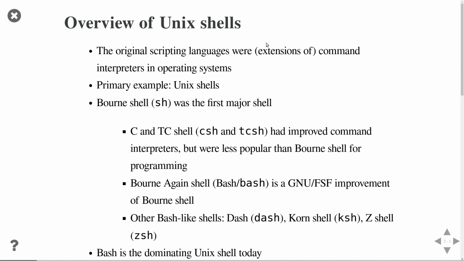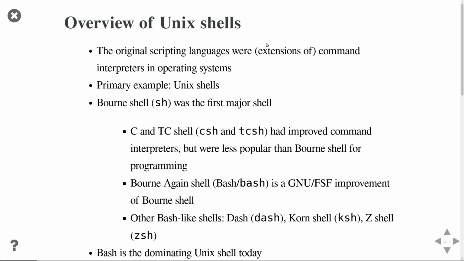One of the major shells that was used in practice was the Bourne shell, and the command was just sh. You'll actually still find this command on your Mac or in your Ubuntu or Linux system. Then it was extended to the more powerful C and TC shells, csh and tcsh.